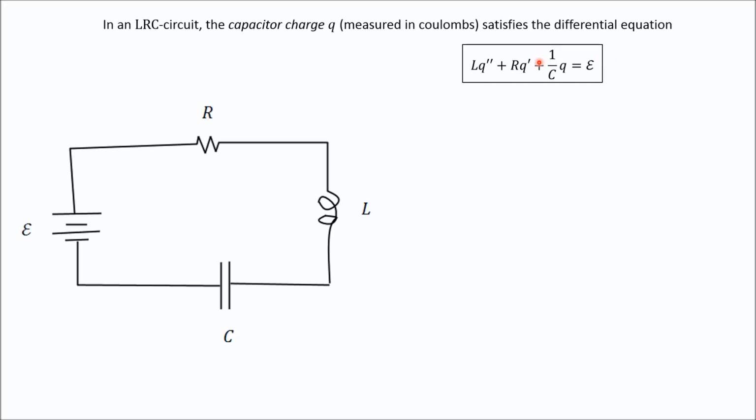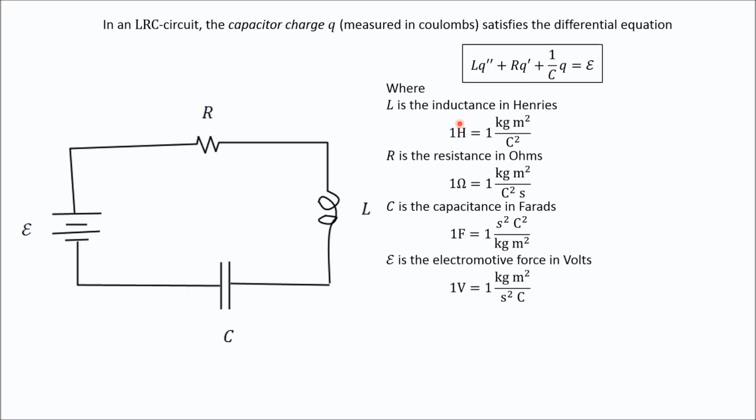So you have this differential equation, which is almost exactly the same as a mass on a spring, except instead of m, beta, and k, we have L, R, and 1 over C. So you can solve this differential equation in the same way. It's just we have different units now. L is measured in henries, resistance is measured in ohms, capacitance is measured in farads, and the electromotive force is measured in volts.